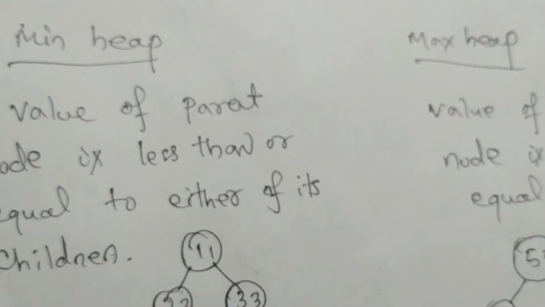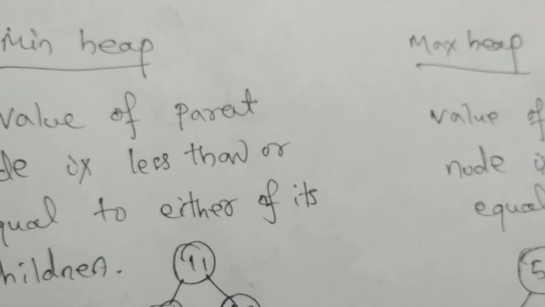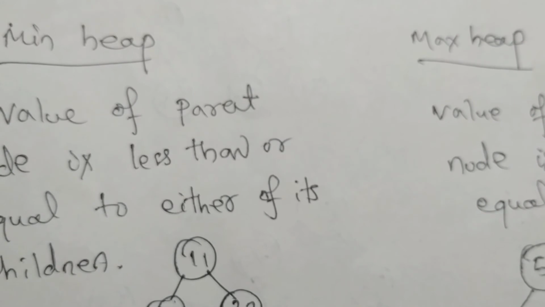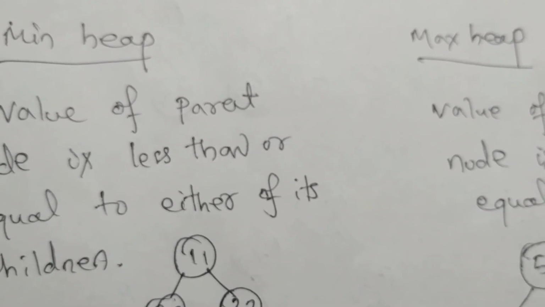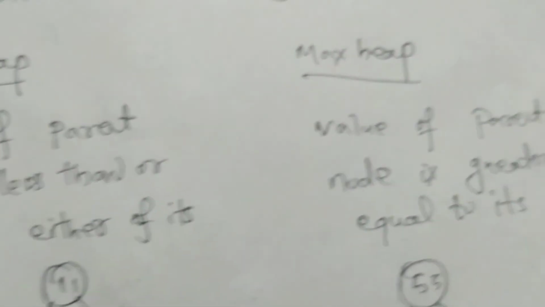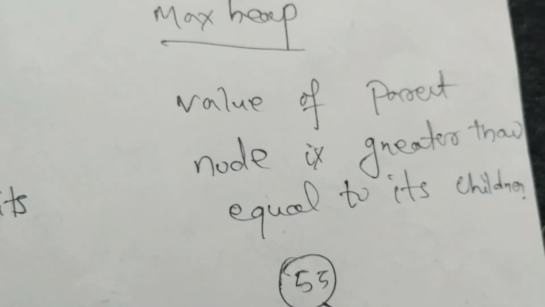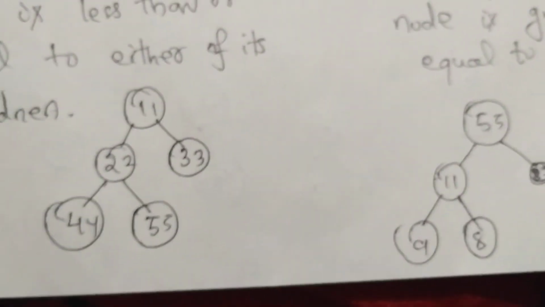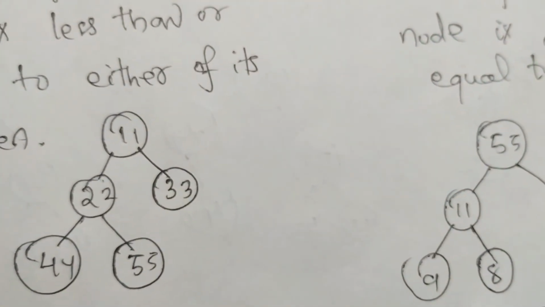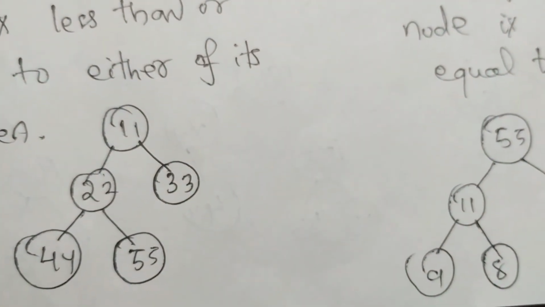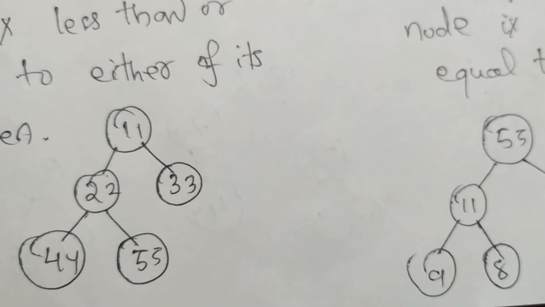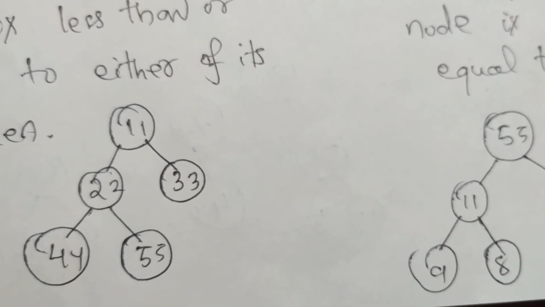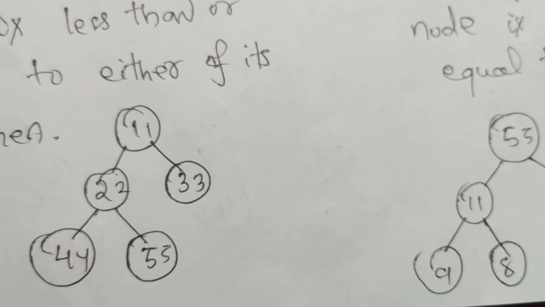I have just differentiated them here. I have written the same thing. If the value of a parent node is less than or equal to either of its children, then it is a min heap. And max heap is where the value of a parent node is greater than or equal to its children. See the example here. In this tree on the left hand side, 11 is the root node. It is less than its children.